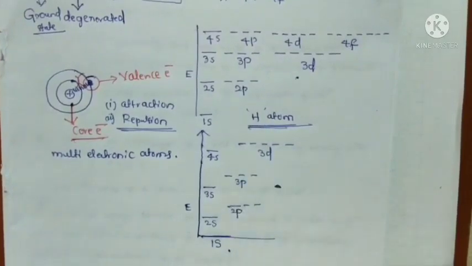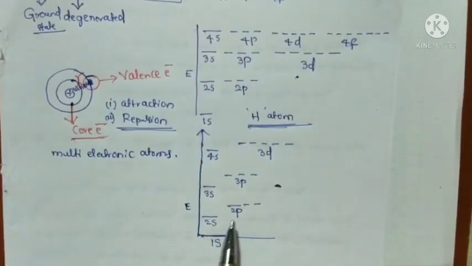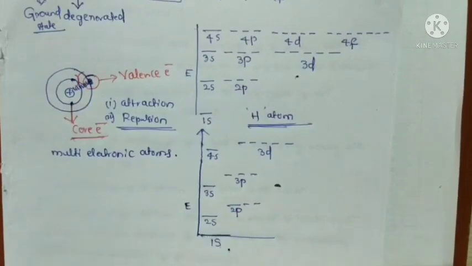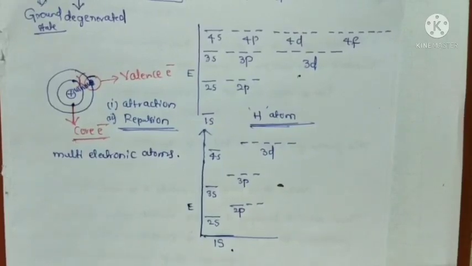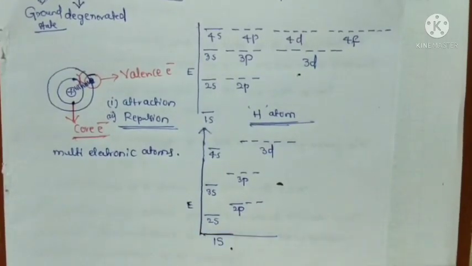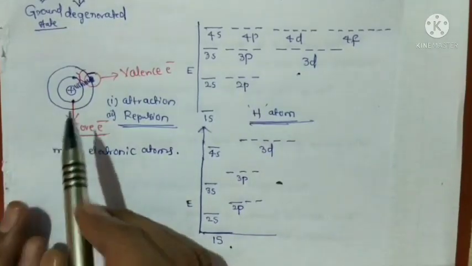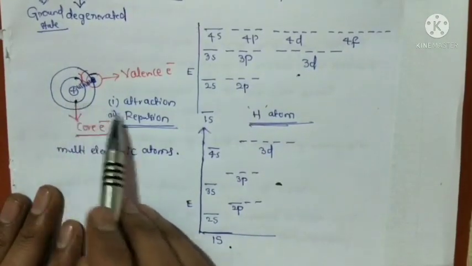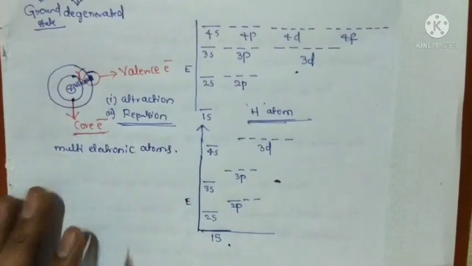For all these orbitals the principal quantum number is the same, but the azimuthal quantum number is different, so that's why the energy is also different. Because in a multi-electronic system, orbital energies are different. Two forces are there, attraction and repulsion.